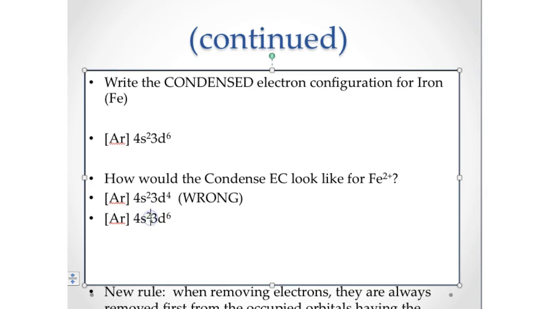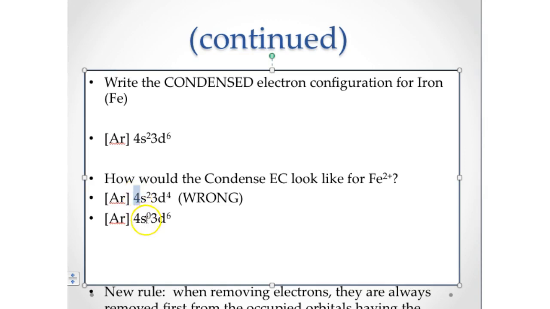What you do is you remove the electron from the highest energy level first. So here we have energy level 4. Here we have energy level 3. Which energy level is bigger? It's the one with the bigger number, 4.